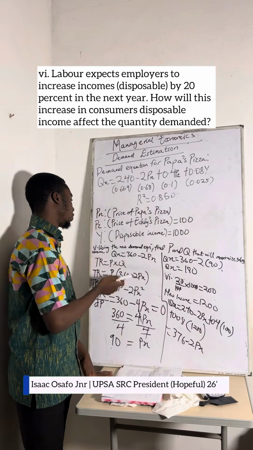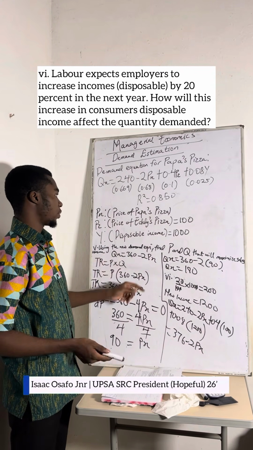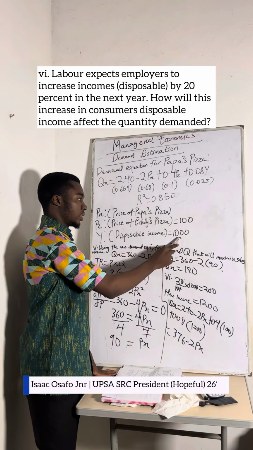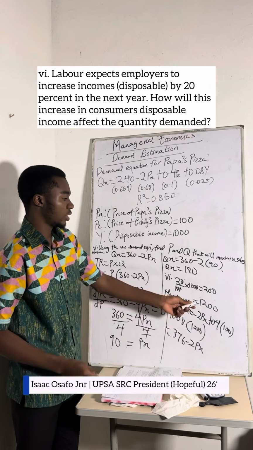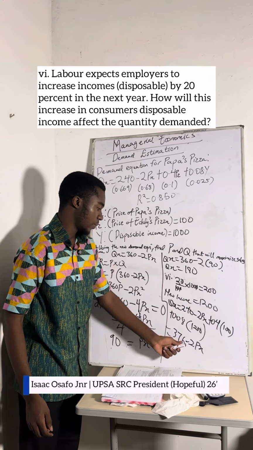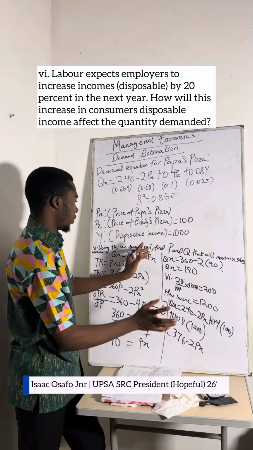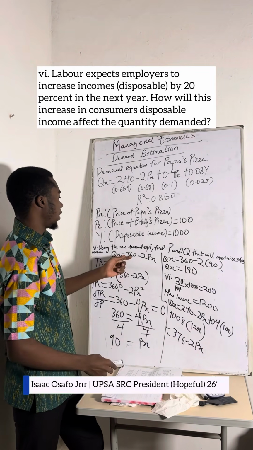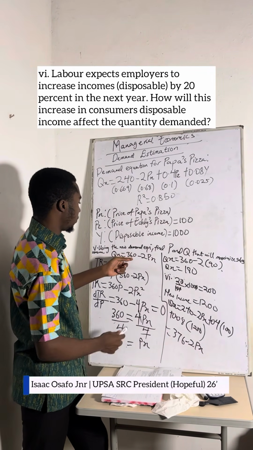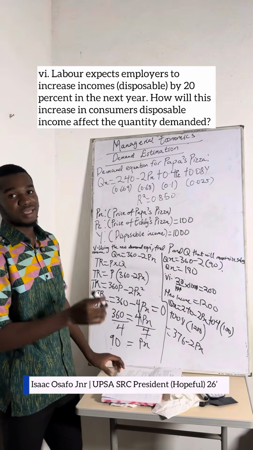You get it? So our old demand equation was 360 minus 2px when we substituted the old 1,000, and after we substituted the 1,200, which is after income had increased by 20%, we got 376 minus 2px. So you realize that the negative 2px is the same, so the price effect is still the same. But the 360 moves to 376, so it increases by 16.